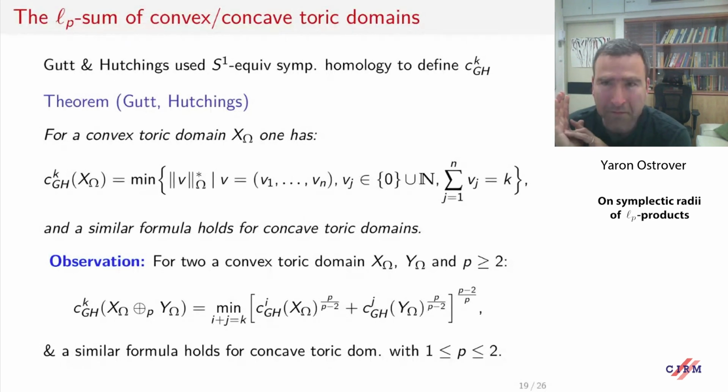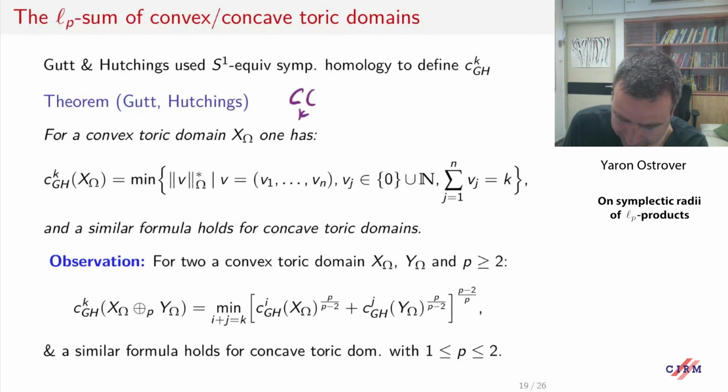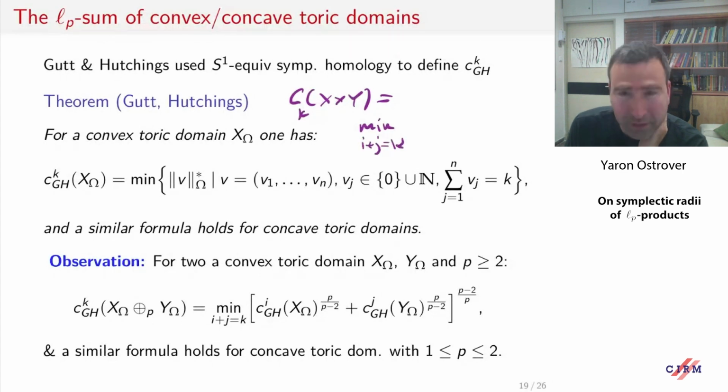But when you say product property, you mean product for the S1 equivariant capacities, right? Yeah, just this formula that C_k of X times Y is like, say... Sorry, I was thinking about something else. Yes, this one should be true, without the convexity.